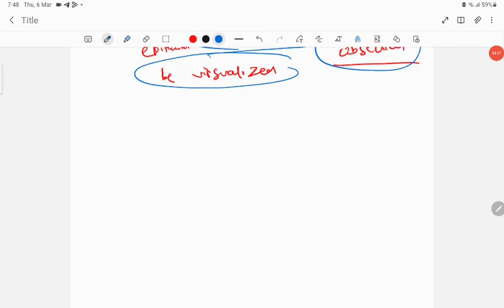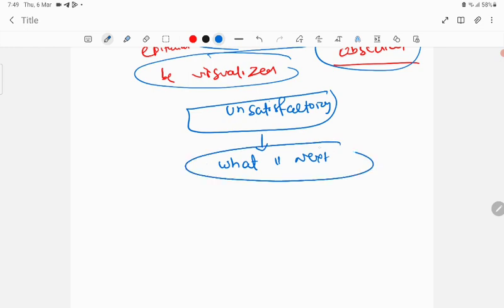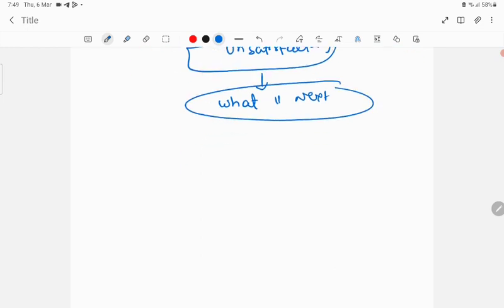If you get unsatisfactory results, what will you do next? Because unsatisfactory is due to infection, inflammation, debris, blood component, or vaginal discharge, what will be the next plan?